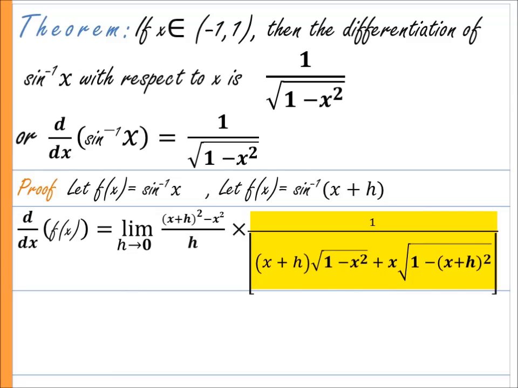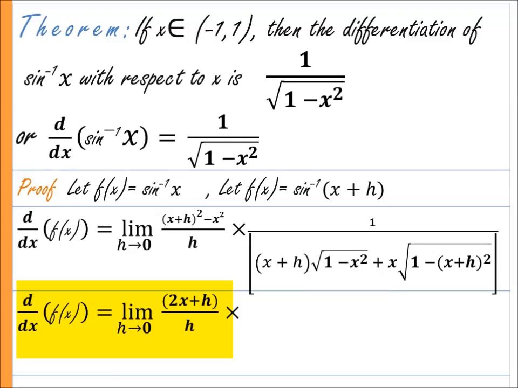And x plus h whole square minus x square can be simplified as x square plus h square plus 2xh minus x square, which is equal to h into 2x plus h.